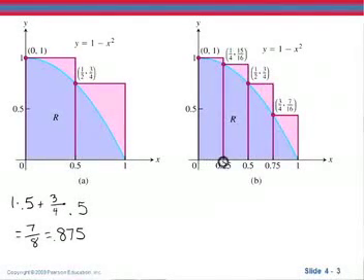For this rectangle, its width is 0.25 or 1/4, and its height is 1. So we'll have 1 times 0.25 plus.